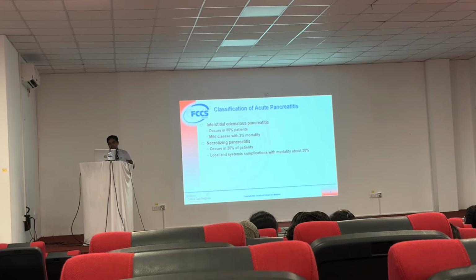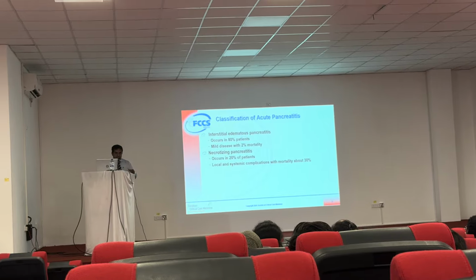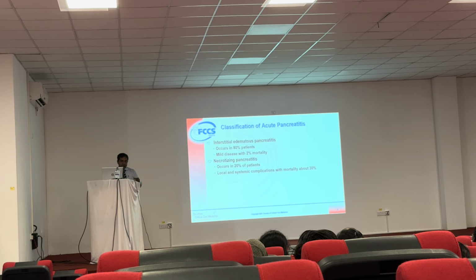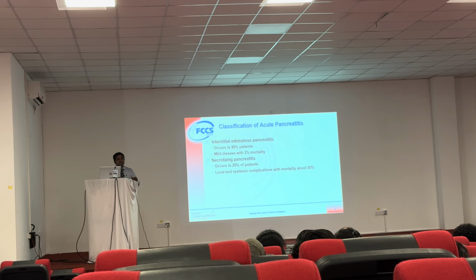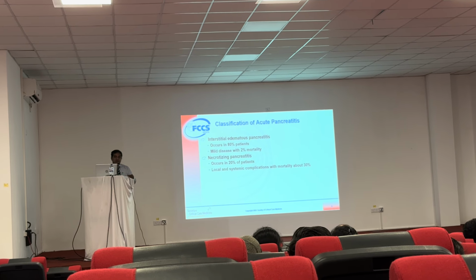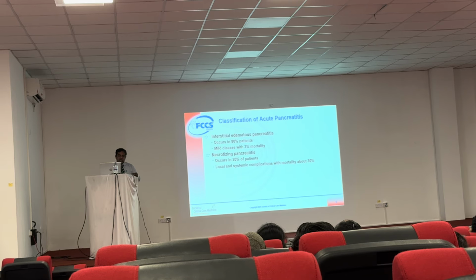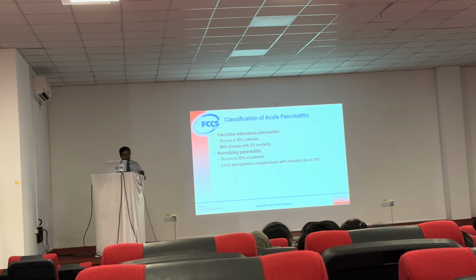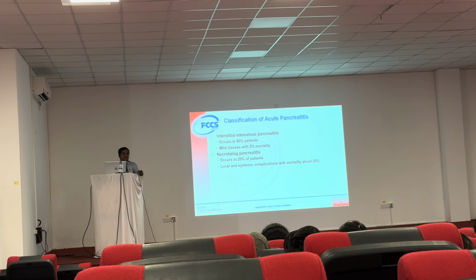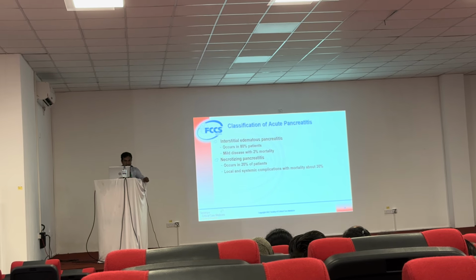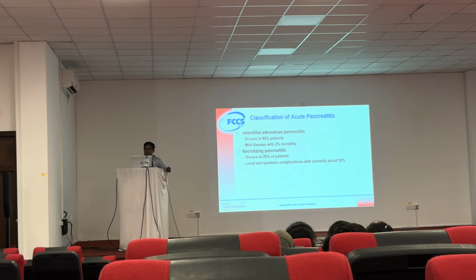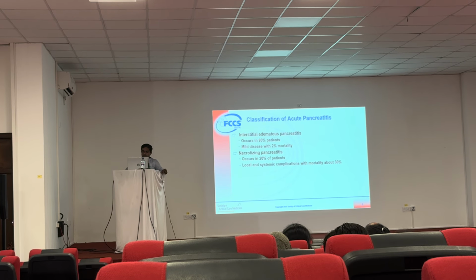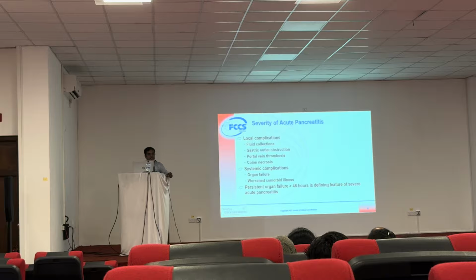But the second part, necrotizing pancreatitis. You know that's a worse condition. Even with high-level medical treatment, it gives a mortality of approximately 30%. One third of the patients will die. So the first one is mild, the second one is a critically ill patient with necrotizing pancreatitis. So you know there are so many complications due to pancreatitis.